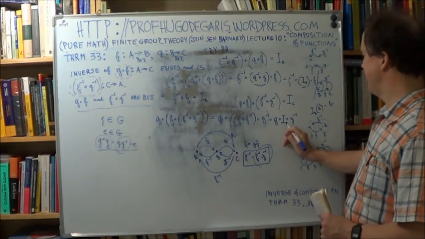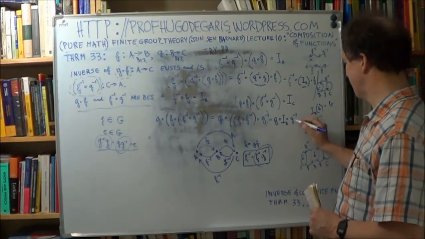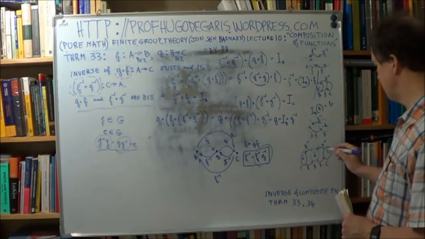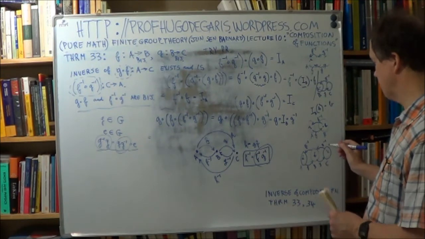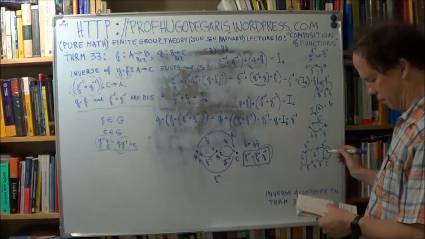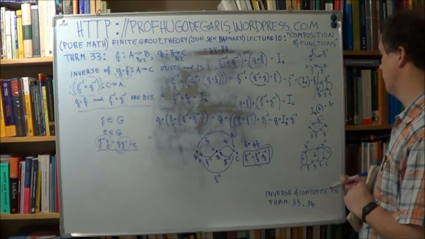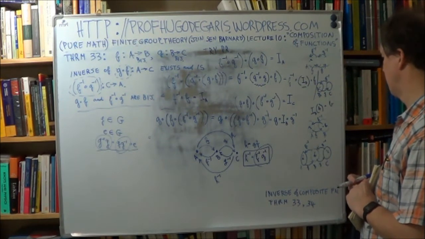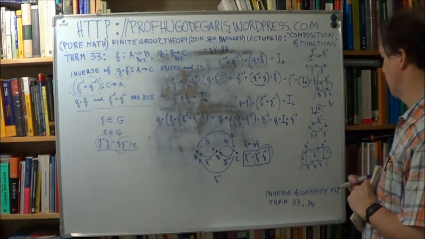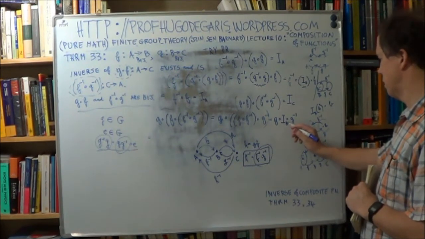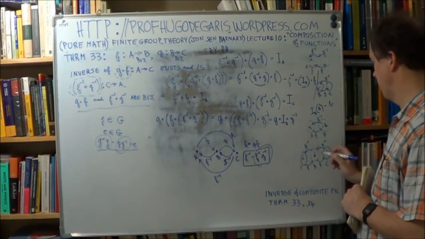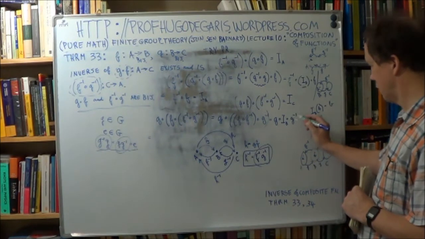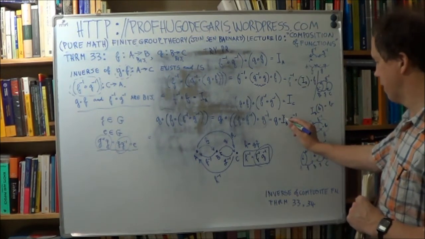So now g inverse, this operator just gives you g inverse, so it's the do nothing.